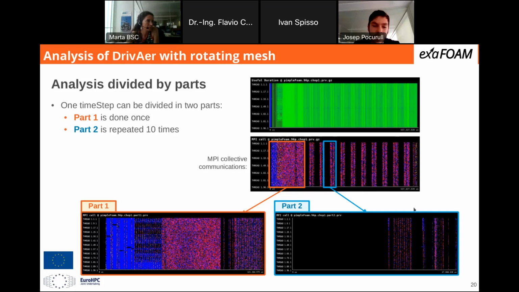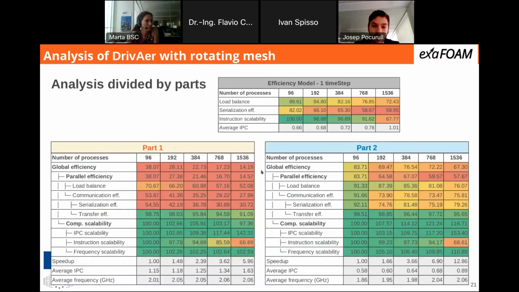So for the analysis, here we go a little deeper in the focus of analysis, and we did the model factors for the two different parts.